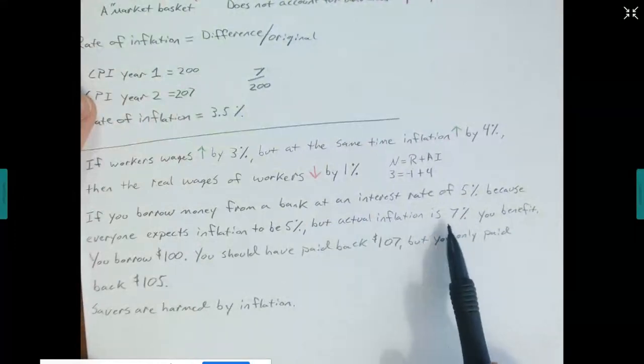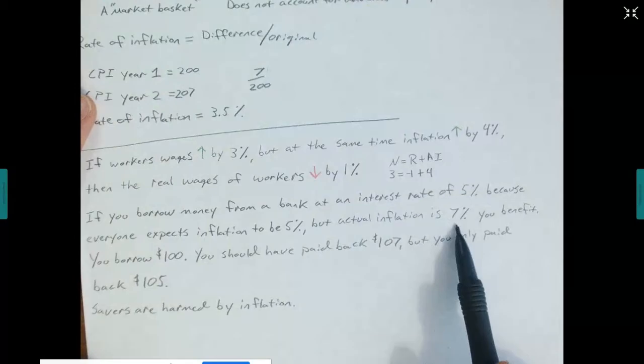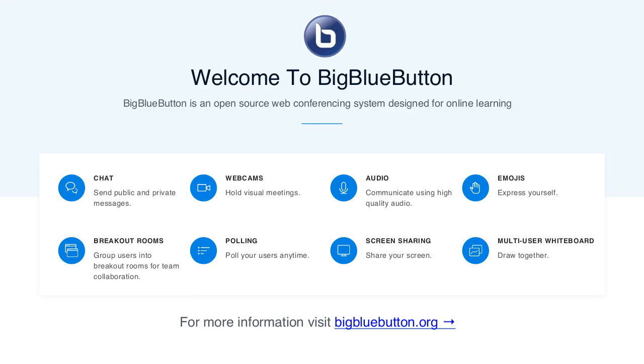There was unanticipated inflation, and if this is the case, benefit when there is unexpected inflation.